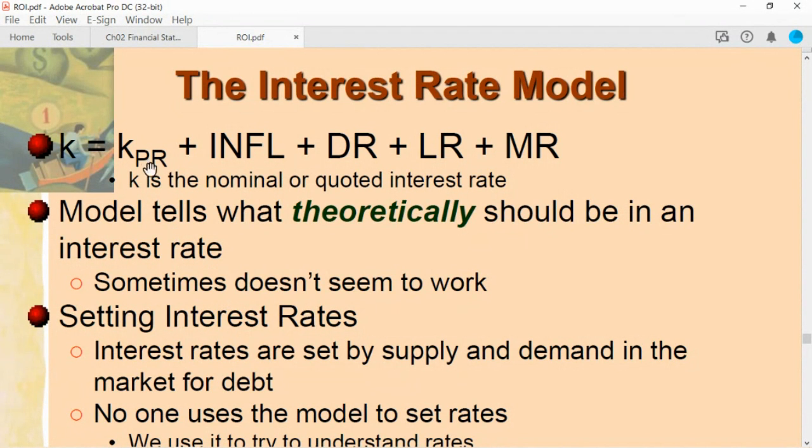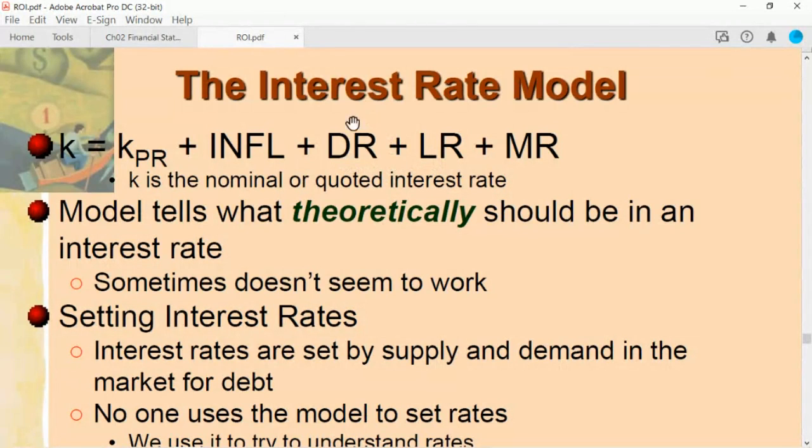K*, the cost of pure return. That's the pure rate, pure return. So that's the real interest rate, real return, and then you adjust it for inflation, and that's the nominal interest rate, what we understand as nominal interest rate.